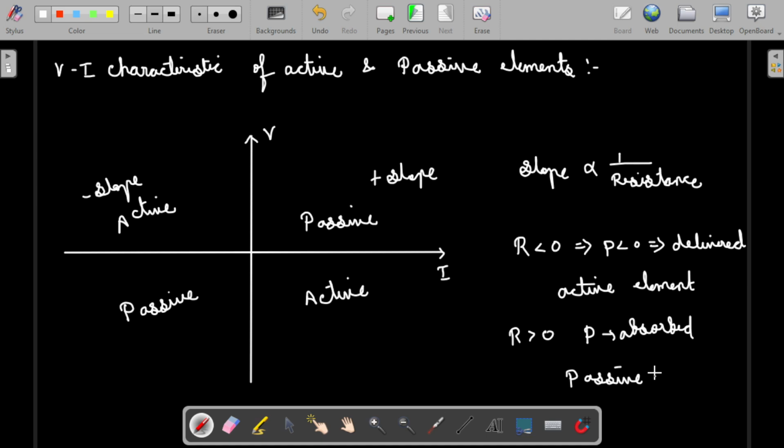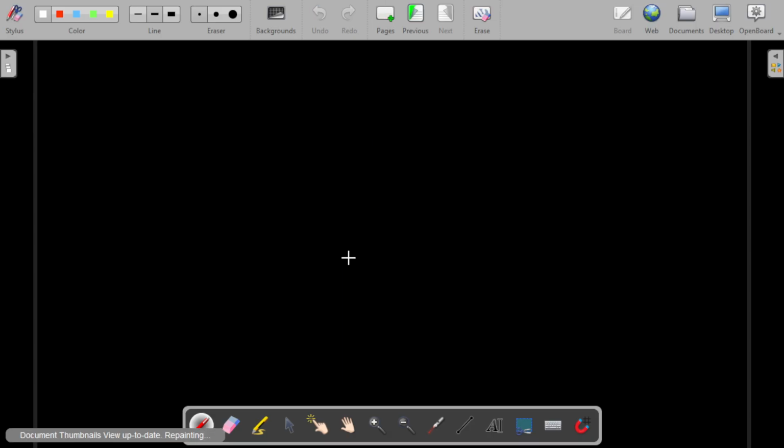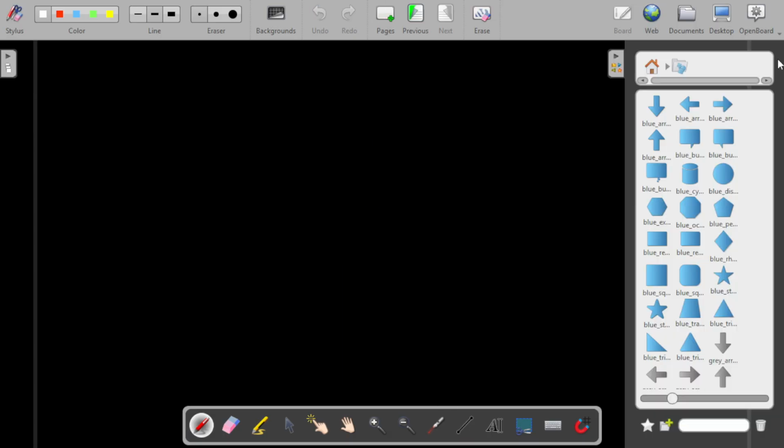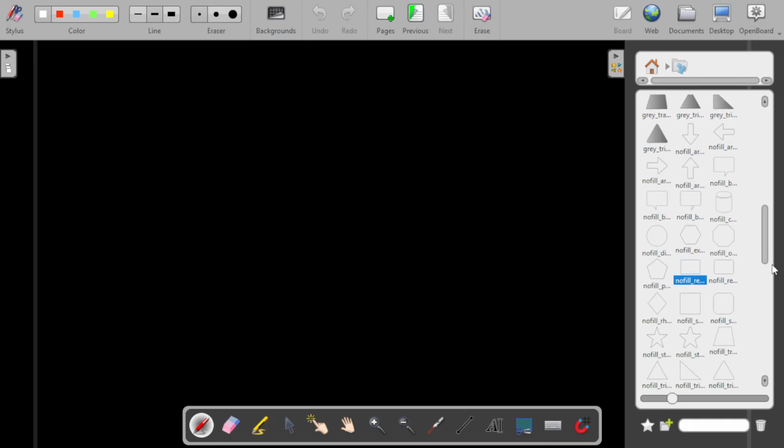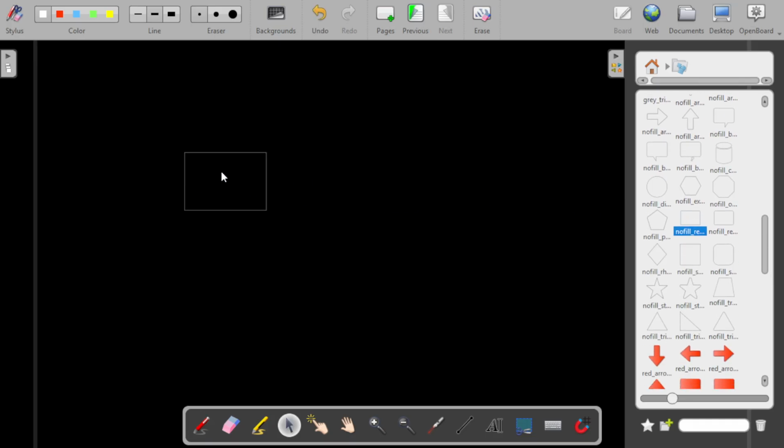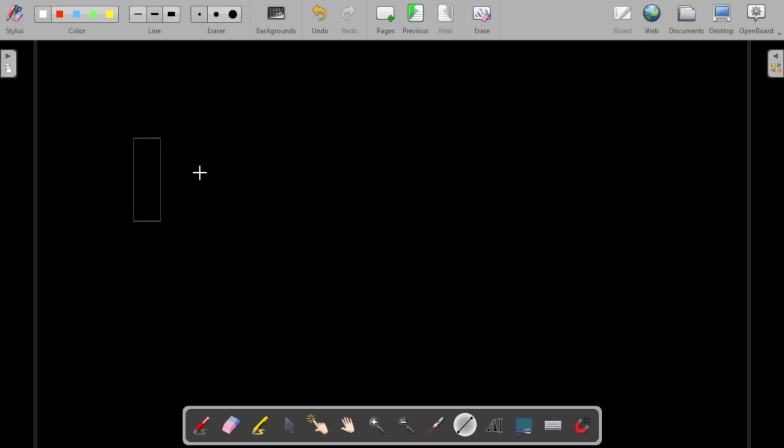So let me give you some examples so that you can understand it. Let me take an analogy and then I will explain with the VI characteristic curve also. So here, this is the current carrying element. Let me connect the current source to this.